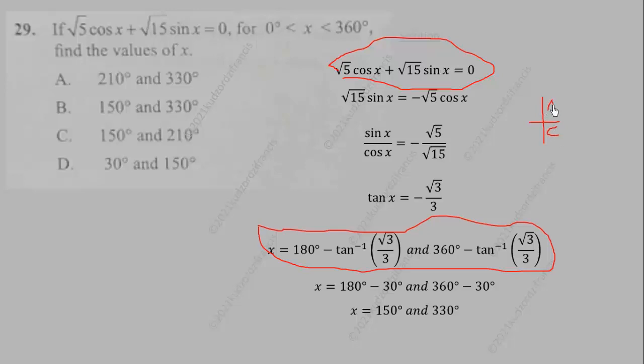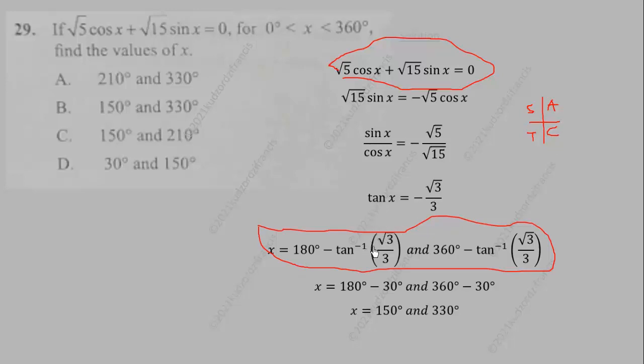So tan is negative in the second quadrant and the fourth quadrant. In the second quadrant, you are going to get 180 minus the tan inverse of the angle. The negative is what is given as the second quadrant and the fourth quadrant.